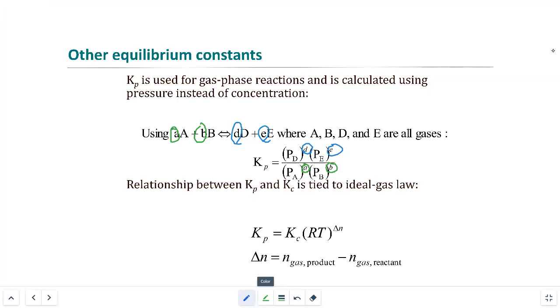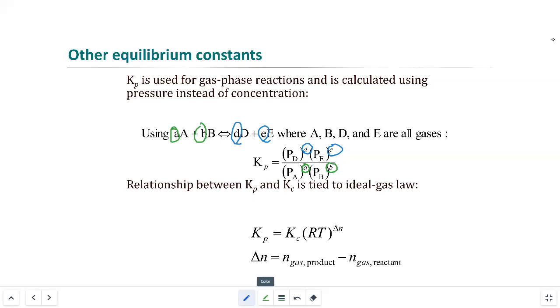Now, there is a relationship between KP and KC. We can find this relationship by doing a slight manipulation of the ideal gas law. We won't get into the derivation of it. But what it comes down to is this.